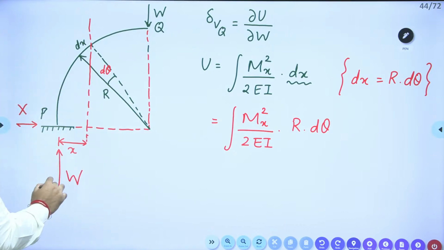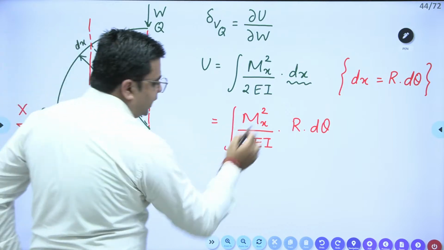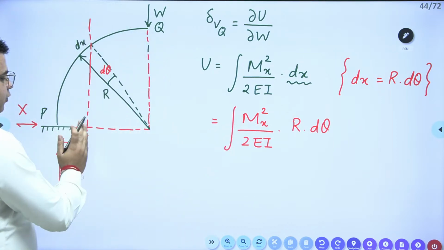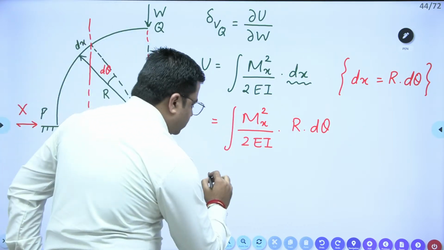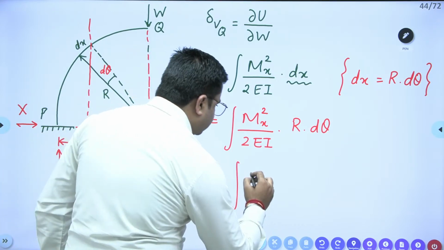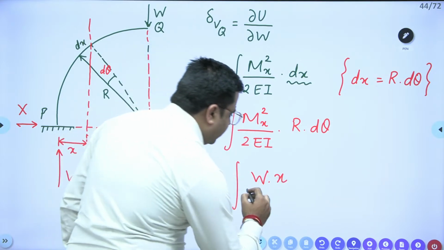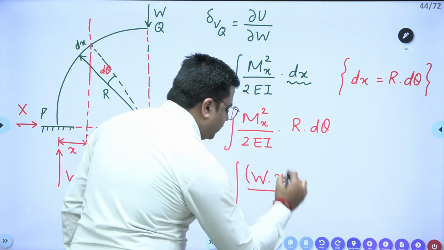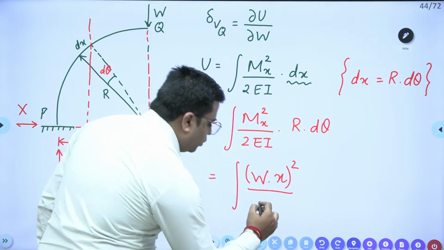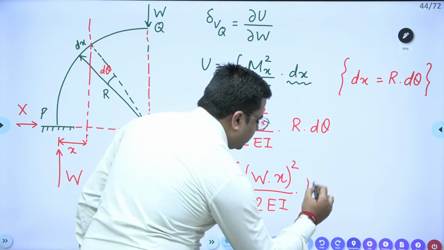So we have only this vertical reaction, and W into x will be Mx at any section x from my point P. So this will be equal to integration of (W into x) the whole square upon 2EI into r into d theta.